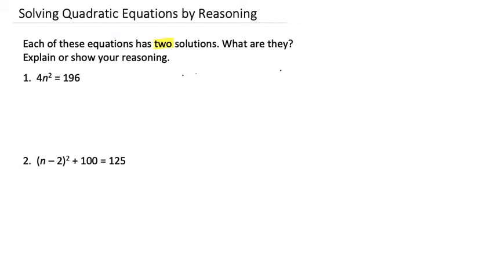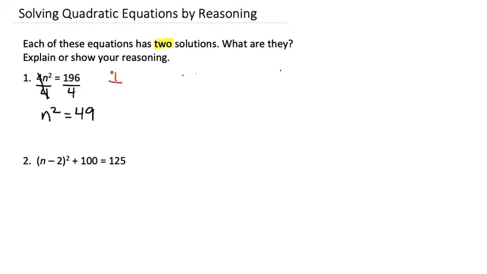So when we're solving equations, remember we're trying to get the variable by itself. So if I have 4n squared equals 196, I can get rid of the 4 by dividing both sides of the equation by 4. And that gives me n squared equals 49.